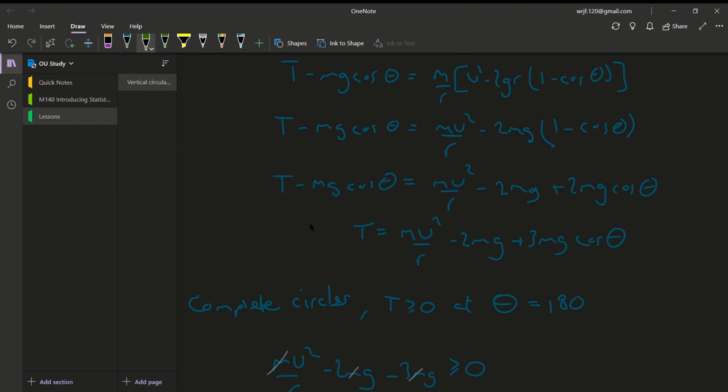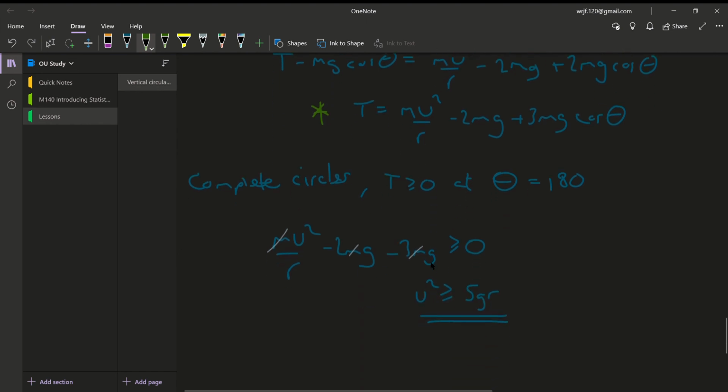This is our general expression for T at any point on the circle, because we've got a general theta in it. If it doesn't have enough speed at the bottom to complete circles, we know that it'll leave the circle when T equals 0, so we can set T equal to 0 and make an equation out of that rather than an inequality.